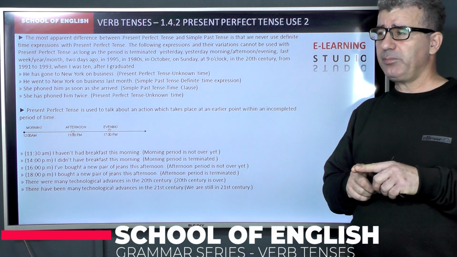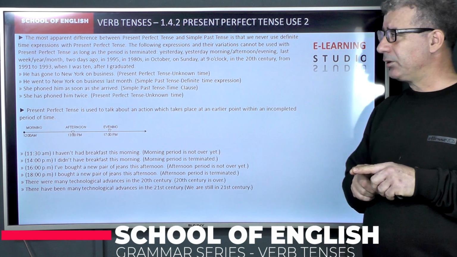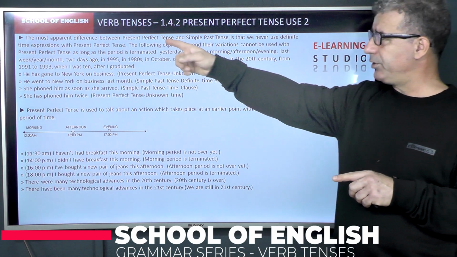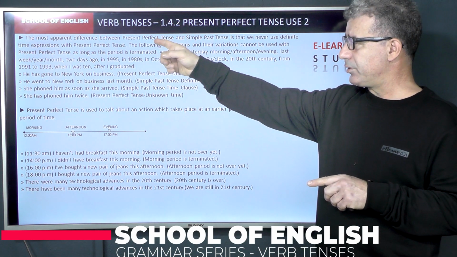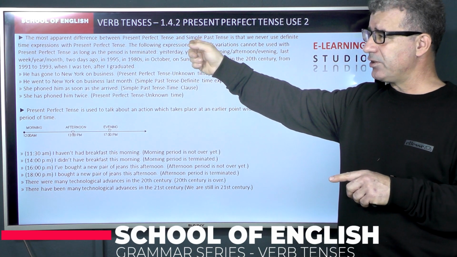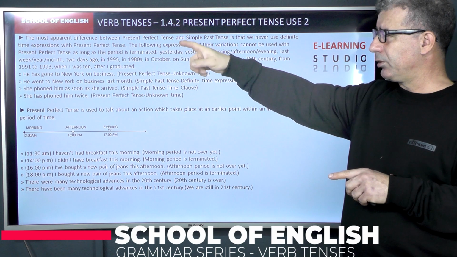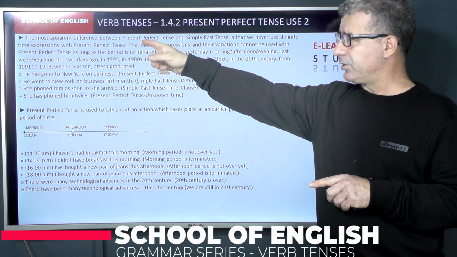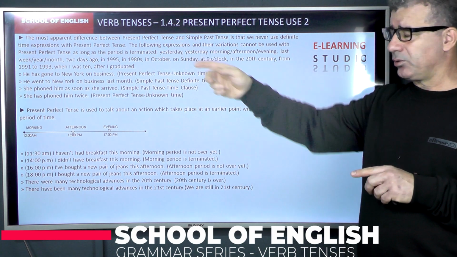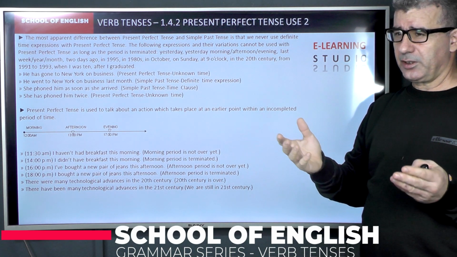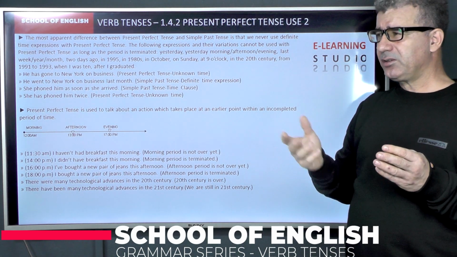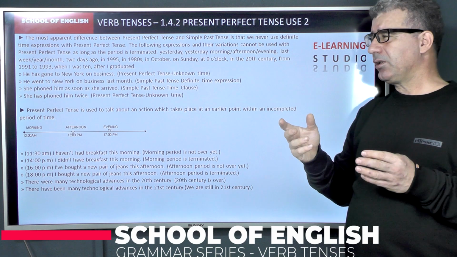Actually, we have mentioned before the most apparent difference between these two tenses. This one, simple past tense, is just narration, narrating the past events. How about present perfect tense? It provides a connection between present and past. What type of connection is that?